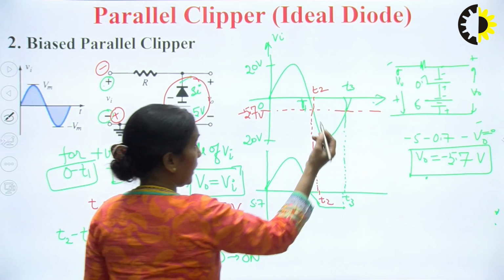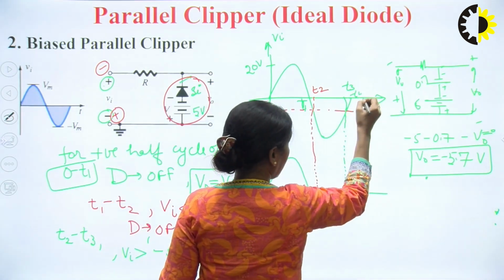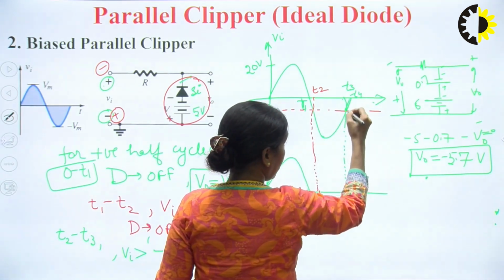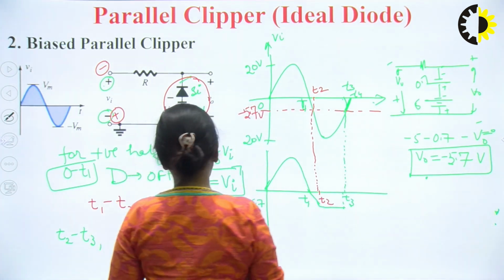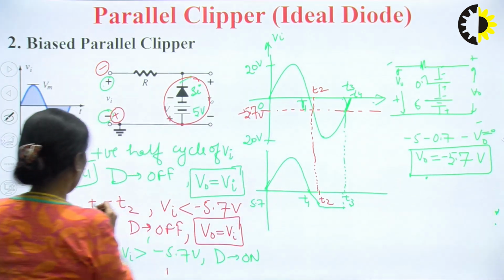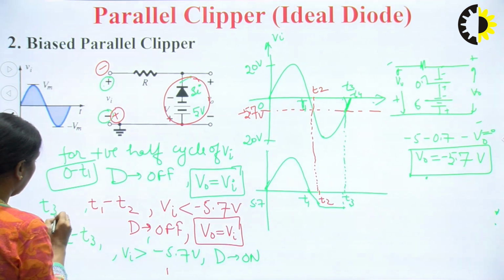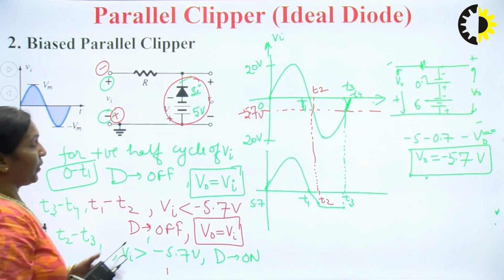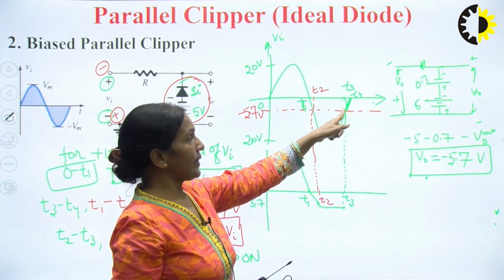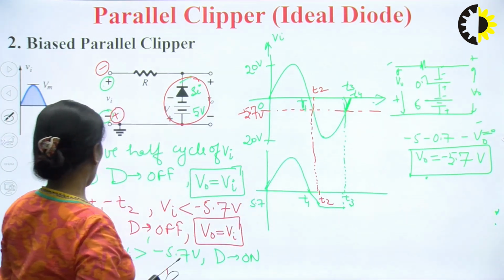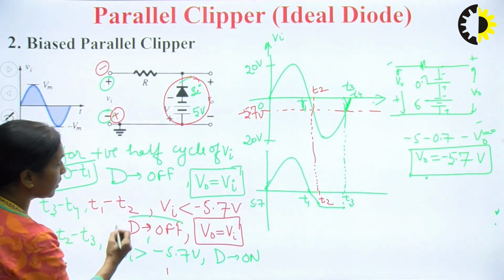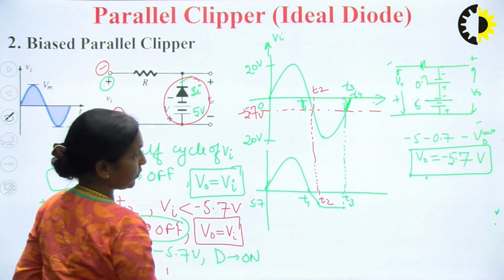Again, T3 to T4, during this time period, Vi is less than 5.7 volts. So again your diode is in the off state. So V naught is equal to Vi.